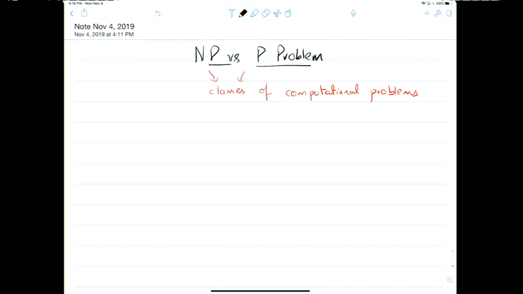So what is P? P is the class of problems for which one can find the solution in polynomial time.